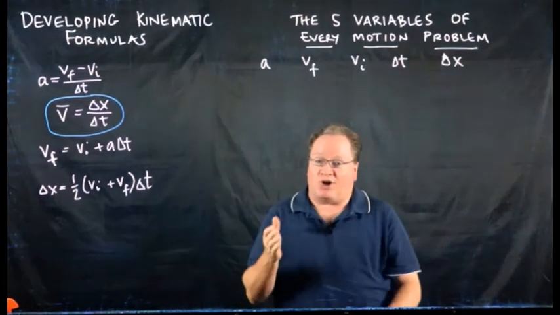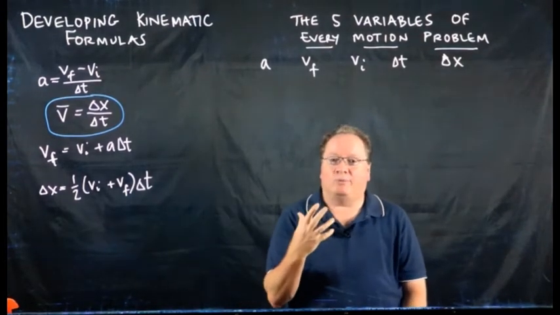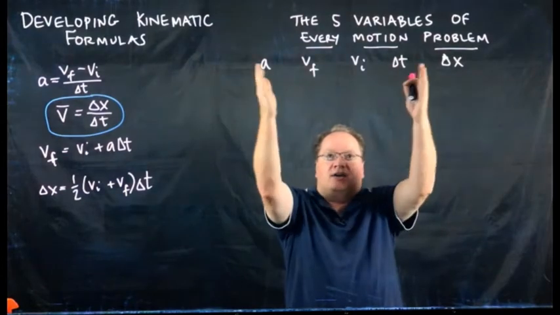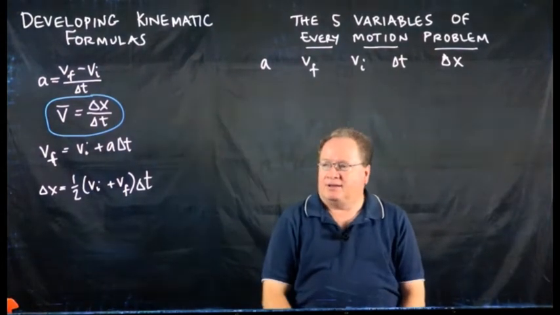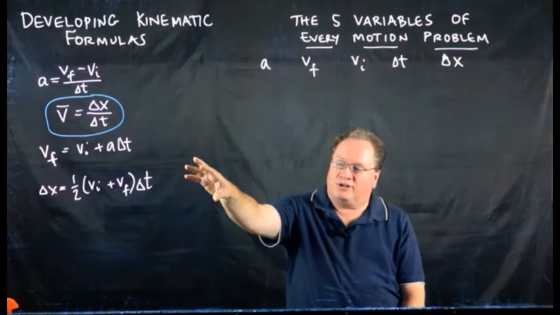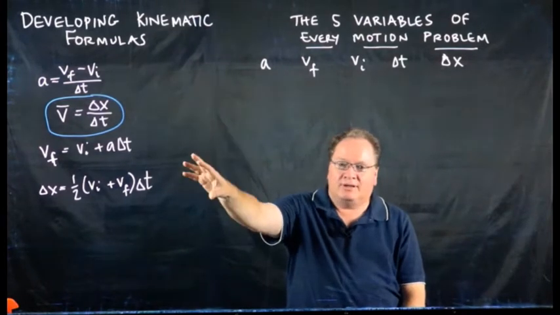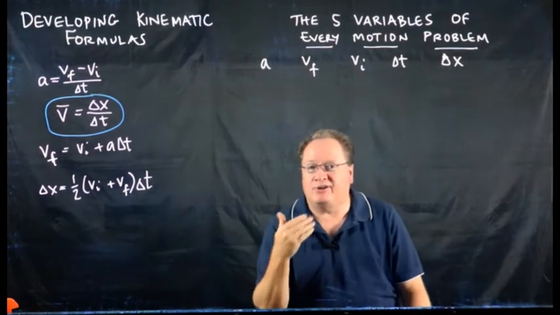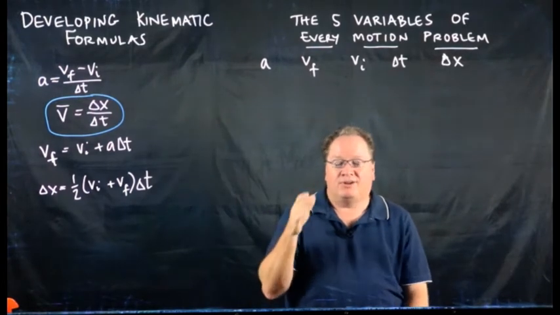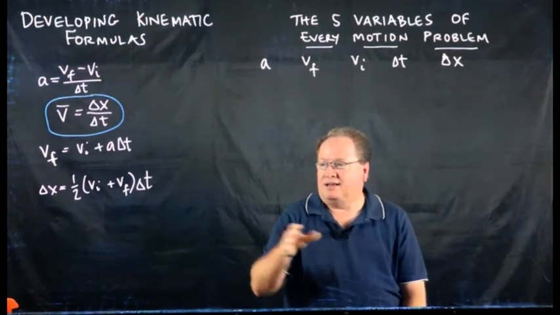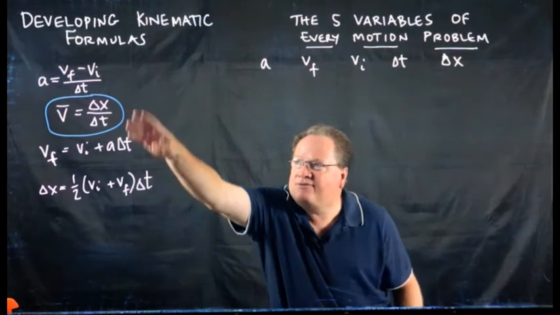Now, if I'm solving a problem for one of these 5 variables that are up here, each of these equations only have 4 variables in them. How many would you actually have to know in order to solve for the one variable you're looking for? Well, if I think about it, these all have 4 variables.